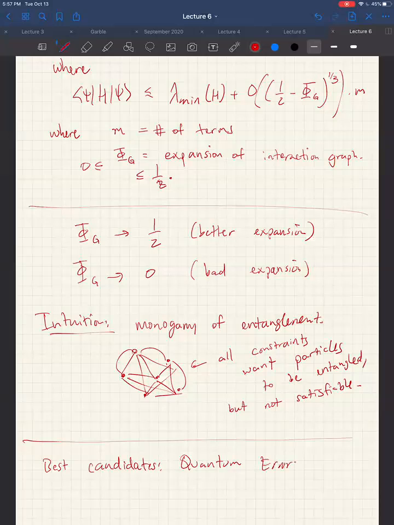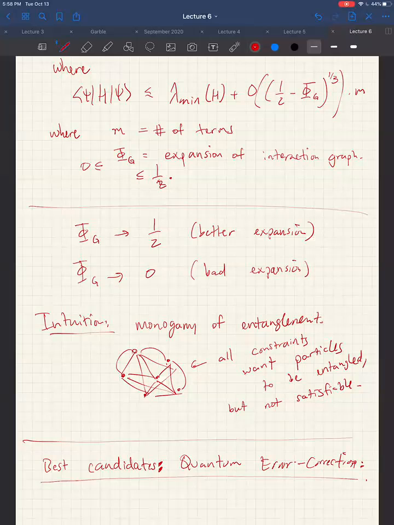Quantum error correcting codes give rise to Hamiltonians, and by definition, the quantum error correcting codes have to create states with really, really robust forms of entanglement. So it seems like a good place to start, and really that's what people are looking into. But the story's still open.